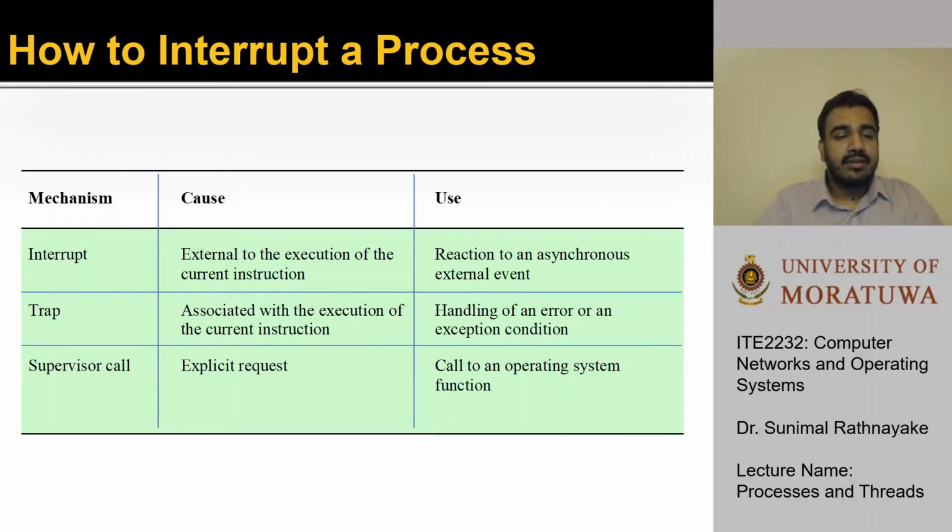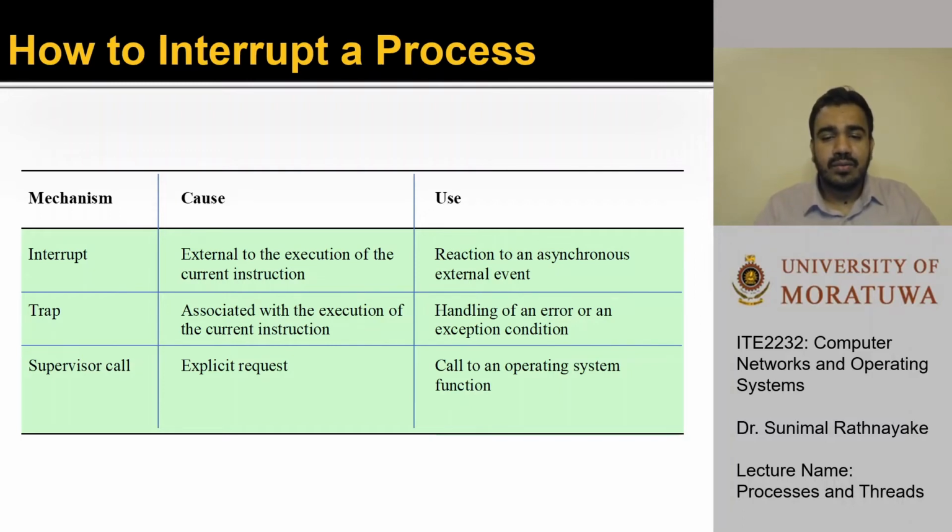Then there's a mechanism called trap. So trap is also like an interrupt. Sometimes you can call it a type of interrupt. A trap is associated with the execution of the current instruction. So you can trap the OS manually using these trap mechanisms. The program can create a trap interrupt using the current instruction.